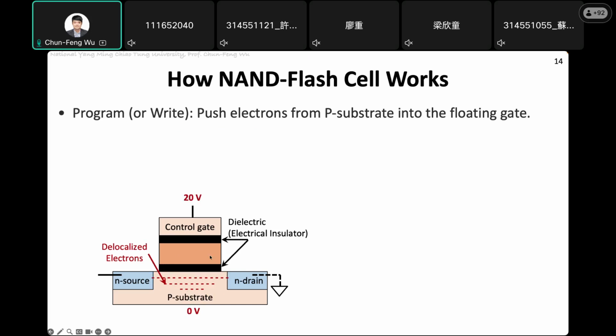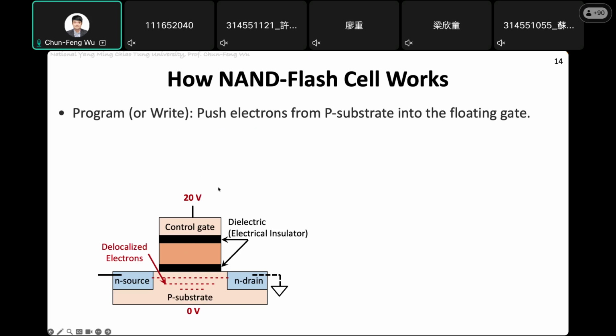The dielectric layer is a kind of insulator. In Chinese, it is called 介电子, and 介电子 is a kind of 绝缘体, but this is a special 绝缘体. In general, if you don't apply a high enough voltage, the electron cannot cross through this insulator, because by nature it doesn't have enough energy.